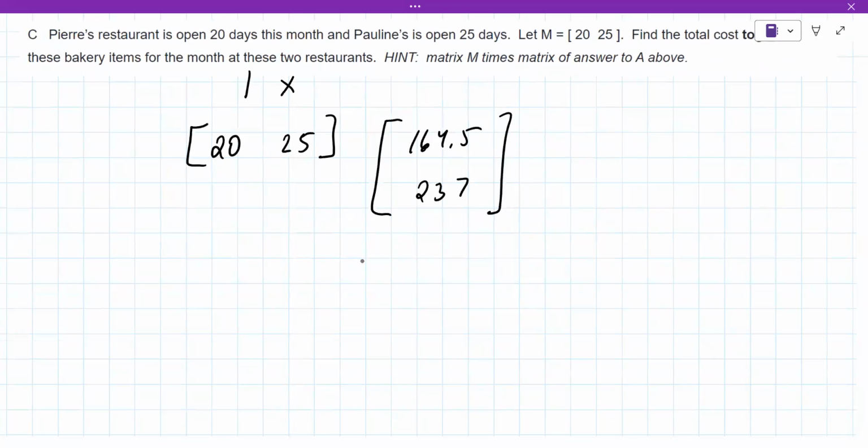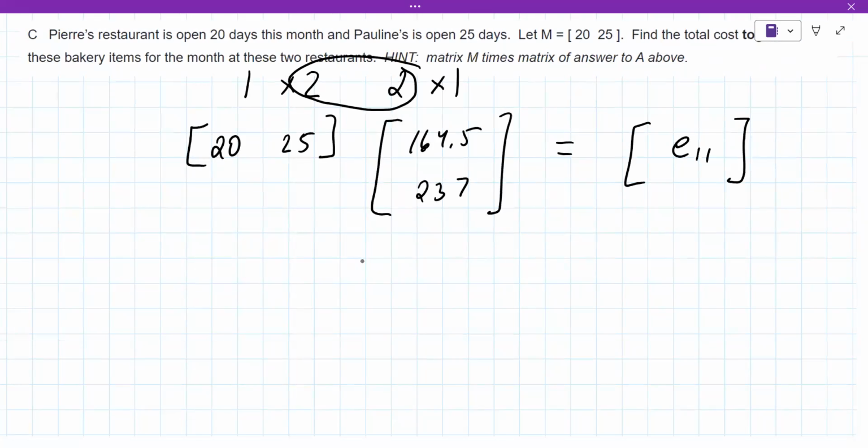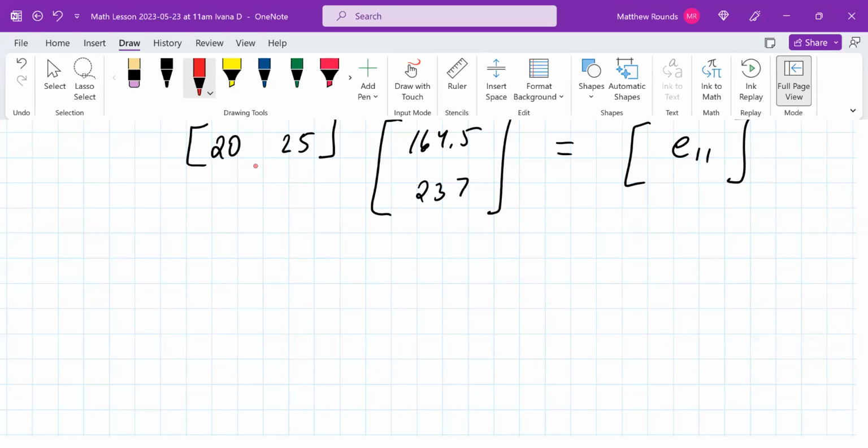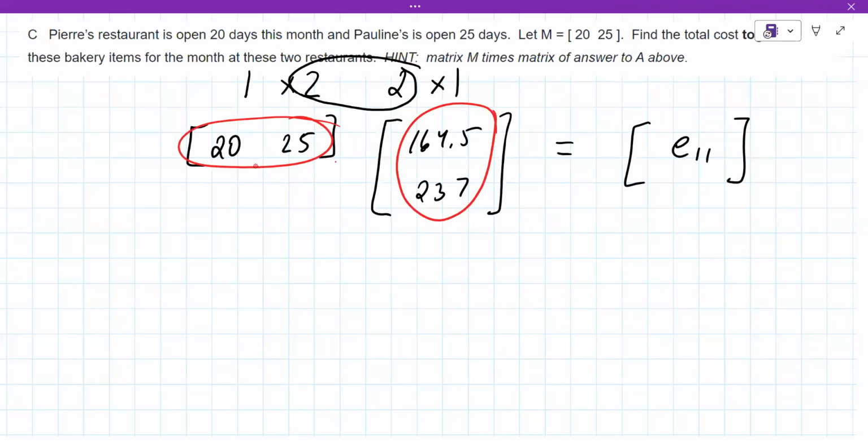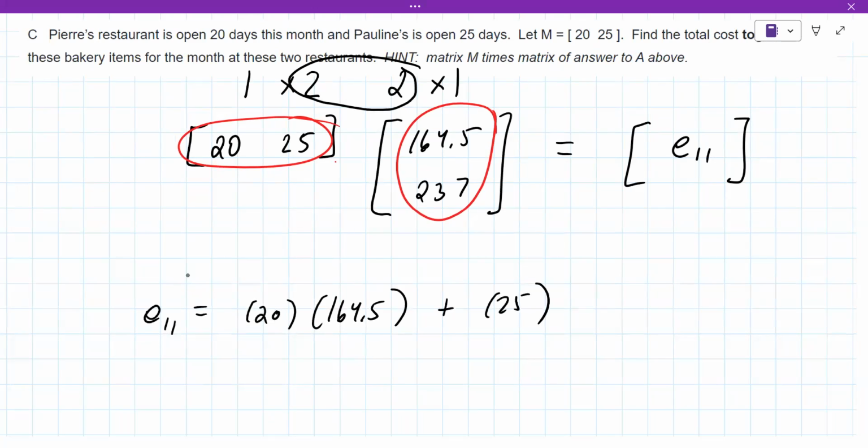This is a 1-row by 2 column, and this is a 2-row by 1 column. Since the inner dimensions match, the answer is a 1-row, 1 column, so just one number. You take the first row times this column. So E11 is 20 times 164.5 plus 25 times 237. And that gives you one number.